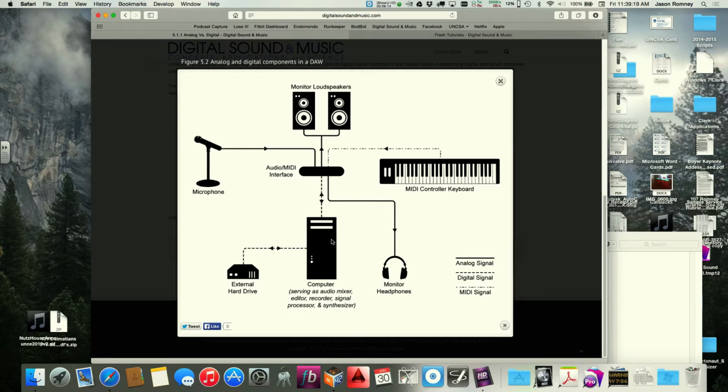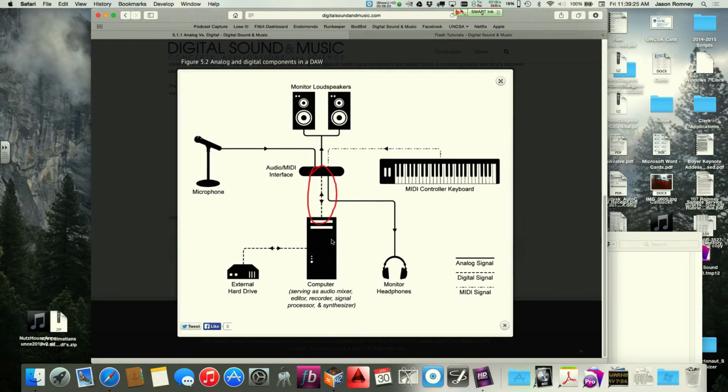If this was an AVB interface, this connection here would be an Ethernet connection. Okay, but it could just as easily be a Thunderbolt or a USB or a FireWire, or even something else. I mean, there's other things out there that are less popular but proprietary in nature.